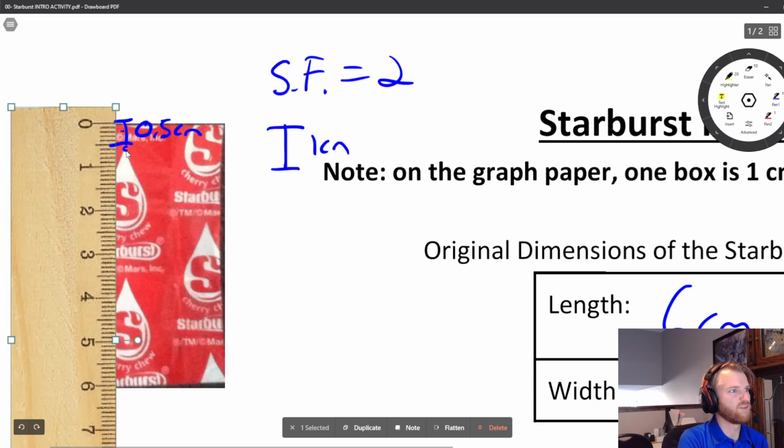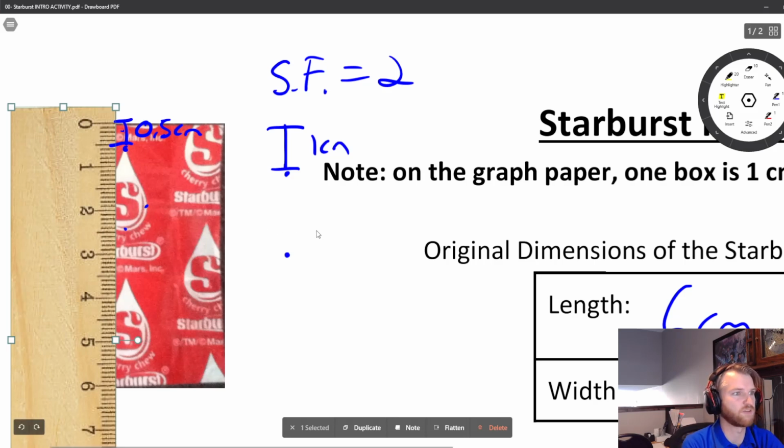I would start off by drawing a dot on my scale drawing of where that would go. Then I could measure the bottom and ask how far down it goes. All the way down to here, it looks like 2.5. So I'd measure from the top to 2.5 centimeters, and then draw a dot there. Then I want to figure out how wide this is, so I would measure across there, and it looks like it's probably about 0.5.